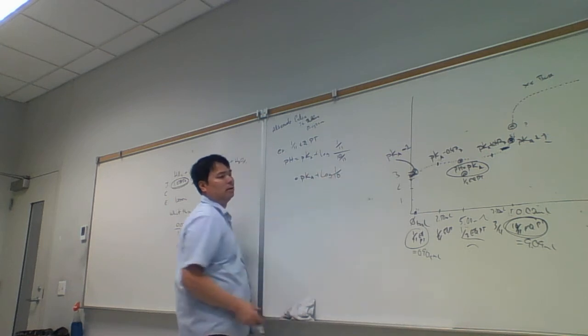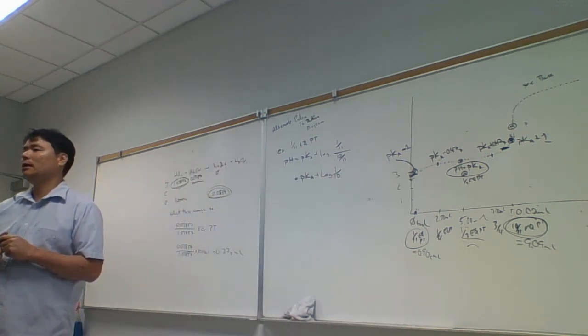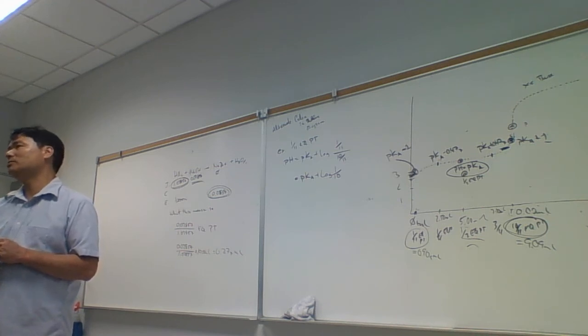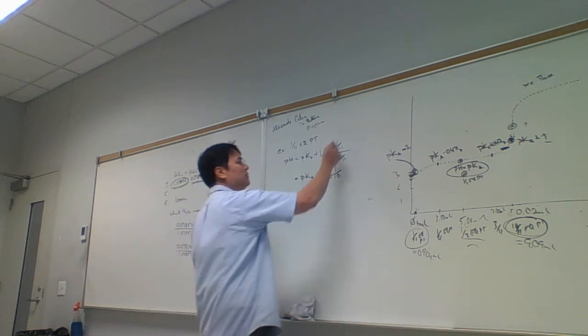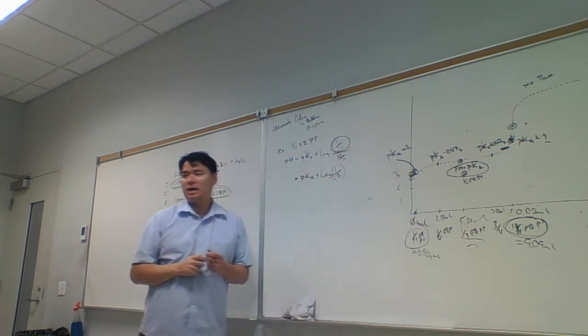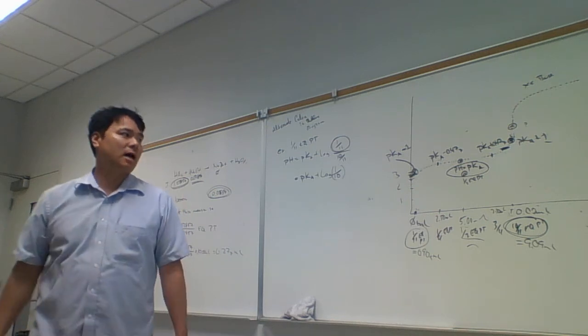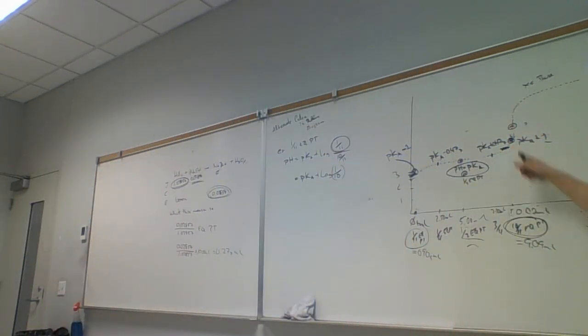Well, it's a 1 to 10 ratio of base to acid. That's just going to be the pKa plus the log of 1/10, which is pKa minus 1. See that? And so note the relationship between the equivalence point and the base to acid ratio. This is the opposite. This is 10 to 1.